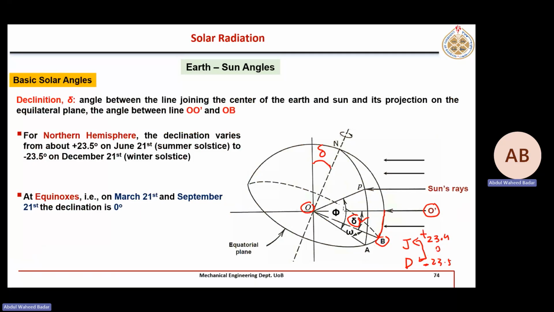In between there will be 0 between June and December. That 0 will occur in September. Similarly, after December, again it will start to increase, and in between there will be March, when it will become 0 again, and then it will become 23.4 again in June, right? That is the declination angle, the earth tilt with respect to the sun. Okay, that's what we discussed already.